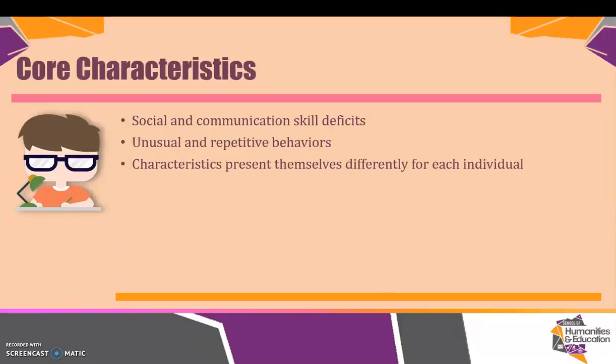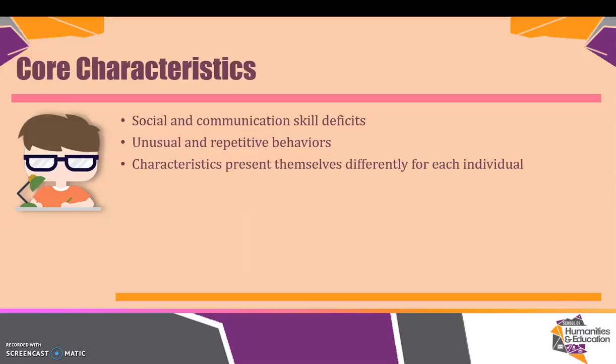The characteristics of ASD present themselves differently for each individual, and the causes of it are still not well understood. But most experts would agree that ASD is a neurobiological disorder and that it has a genetic basis.